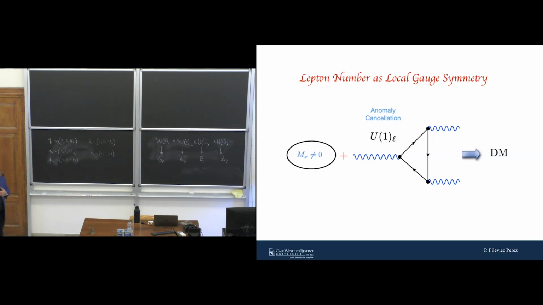Here it is similar in the sense that you will need to add new fermions to be able to cancel all these anomalies, and then do a spontaneous symmetry breaking for lepton number. Again, lepton number is a symmetry of the standard model. You are only making it local, and it's the key symmetry for neutrinos. Nothing very exotic here.